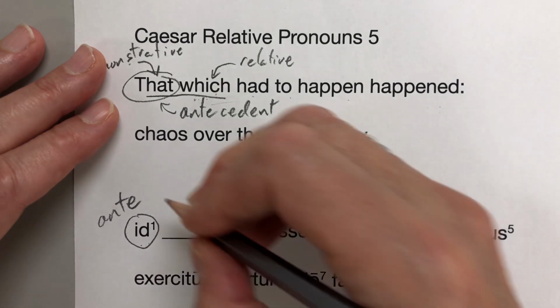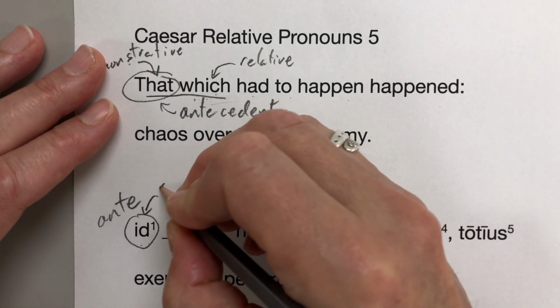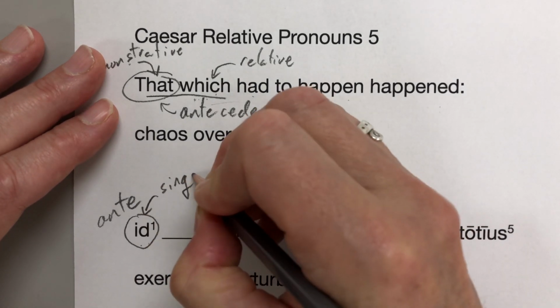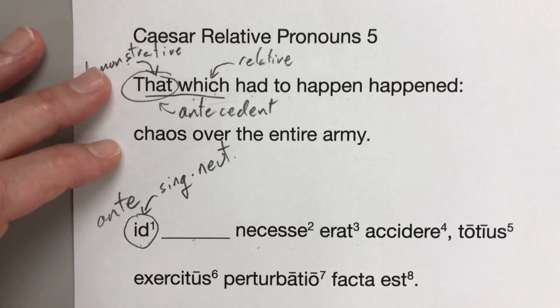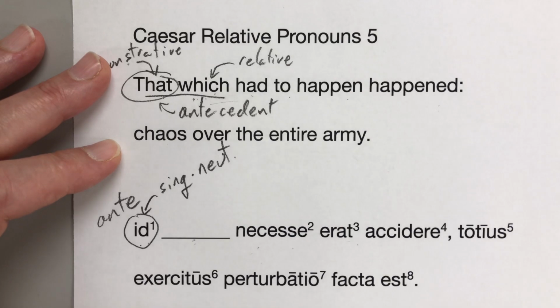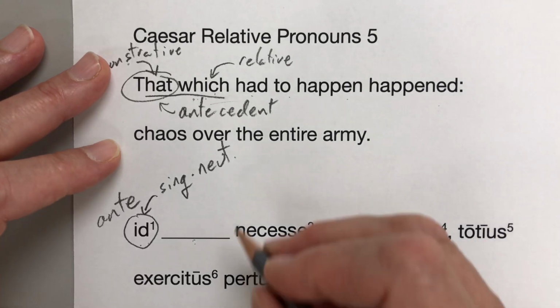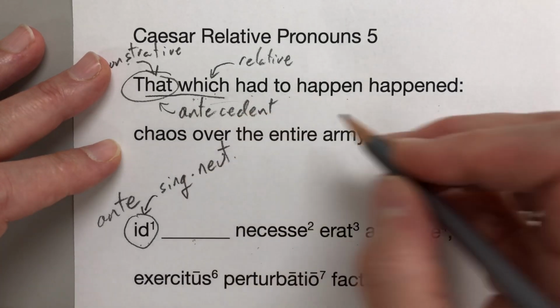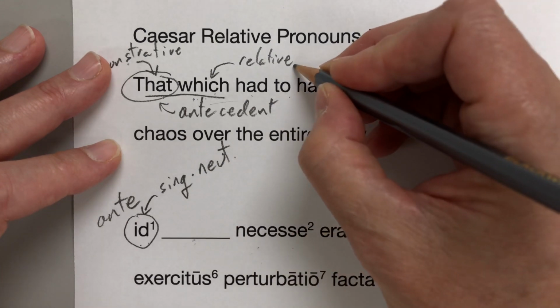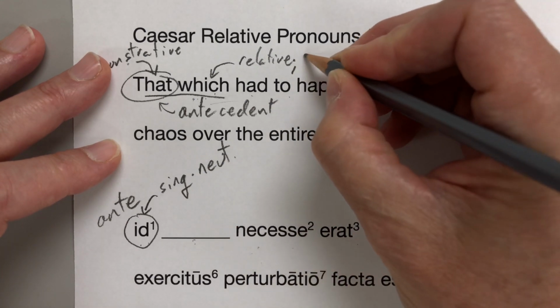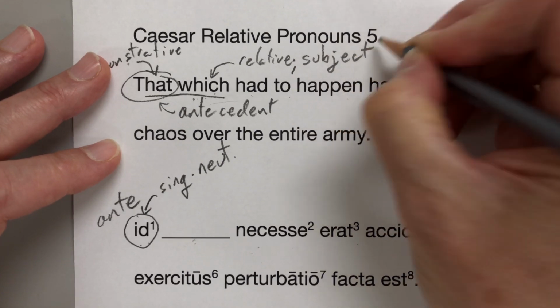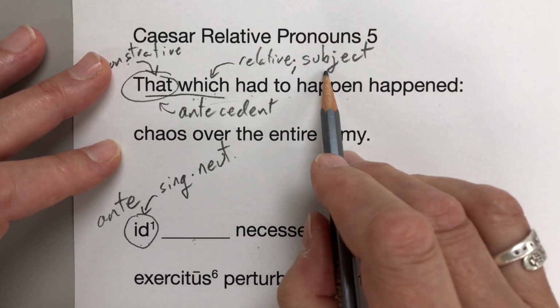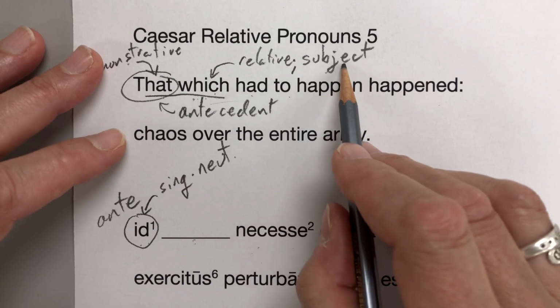So we look at id. This guy is singular, and it's neuter. All right, we have two dimensions of the three-dimensional relative pronoun here. And if we look up at the translation, it had to happen. It is the relative pronoun, and it is the subject in its own clause. Its function in its own clause determines its case. A subject.